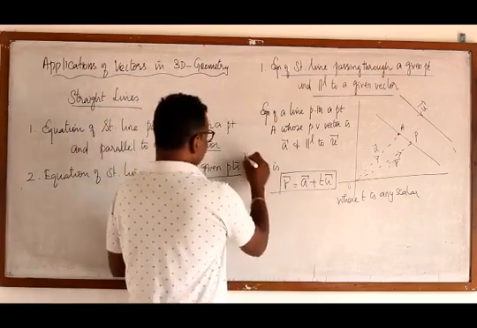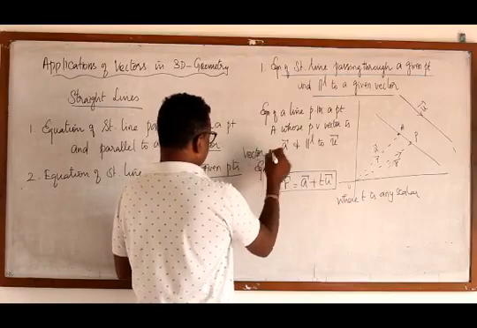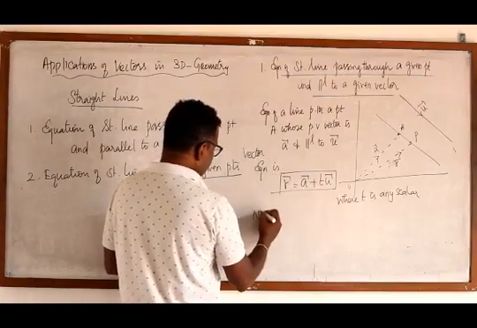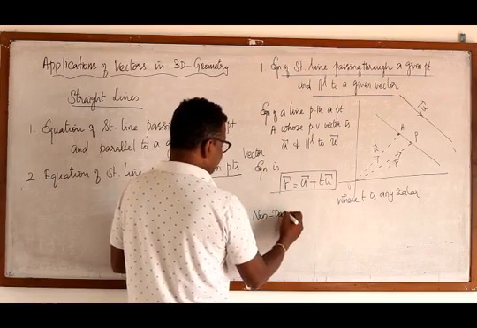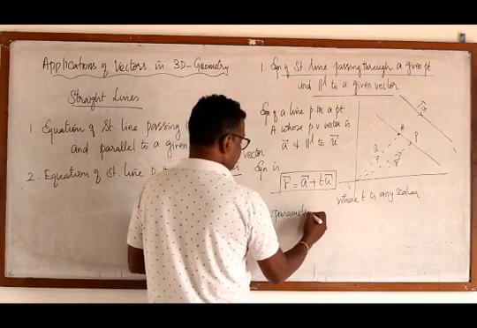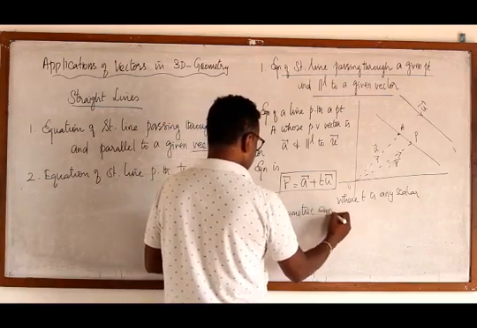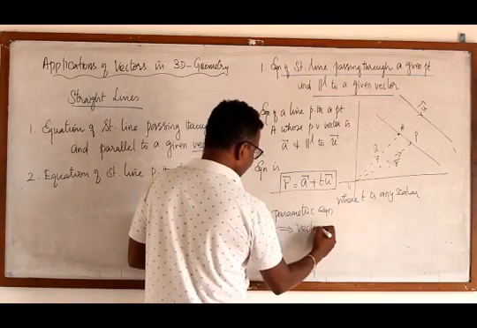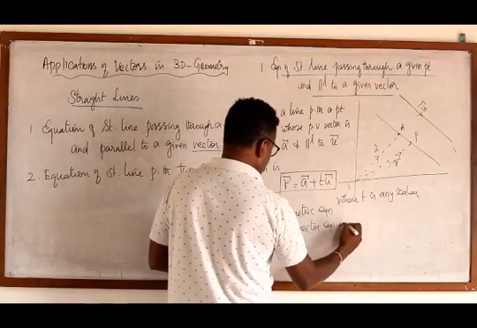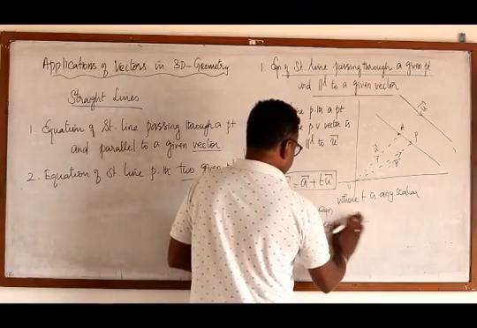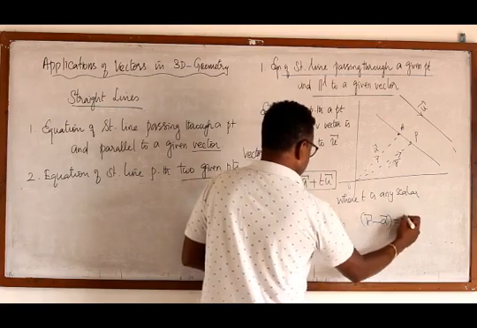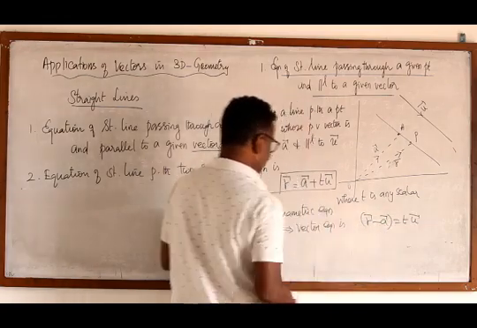Now, this is called the vector equation. There is another equation called the non-parametric equation. That is, I can write this vector equation as r minus a vector equal to t u vector, isn't it?